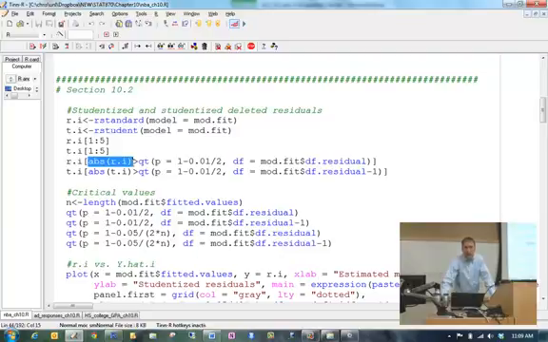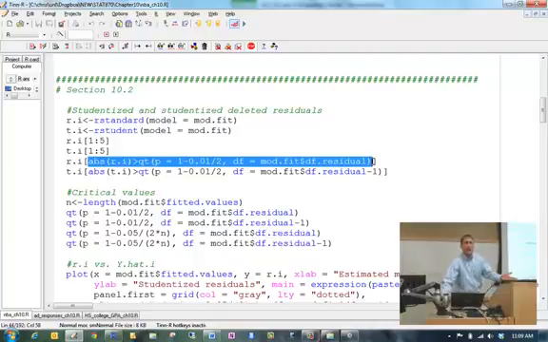We could take the absolute value of the studentized residuals and compare it, meaning is it greater than a corresponding quantile from the t distribution. Notice I'm doing the absolute value here, so I don't have to worry about an upper bound and a lower bound for the t distribution. And so if I execute just the code that's highlighted there, what's R going to do?